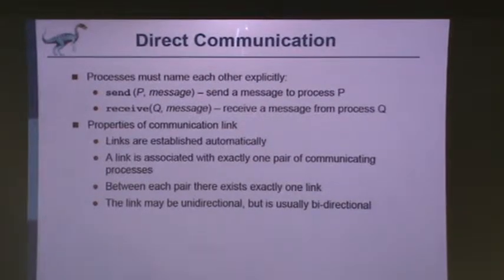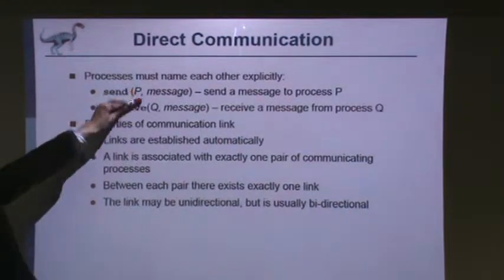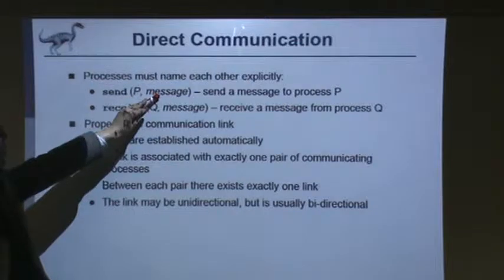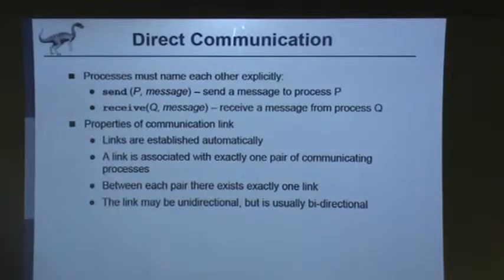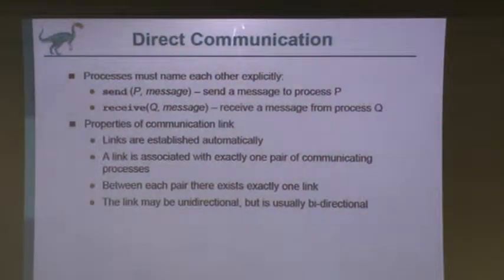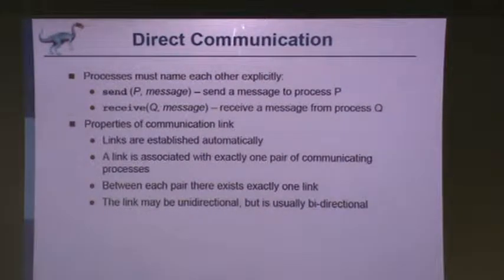For example, P and Q are processes, and they have to send and receive the message. At that time, you can specify the receiver, and also you can specify the sender. If that is matched, you can receive it. Otherwise, you cannot get the message. Or you can receive the message whoever the sender is.